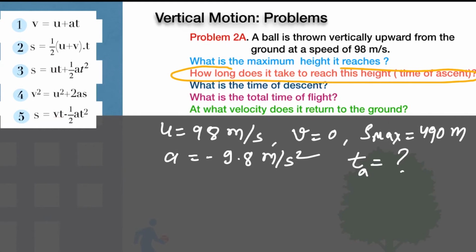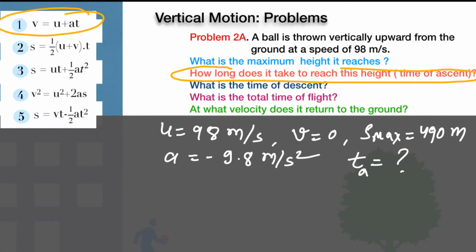Again look for the most suitable equation of motion to find out the time. So we know v, we know u, we know a, acceleration, and we need to find out the time. So equation number 1.